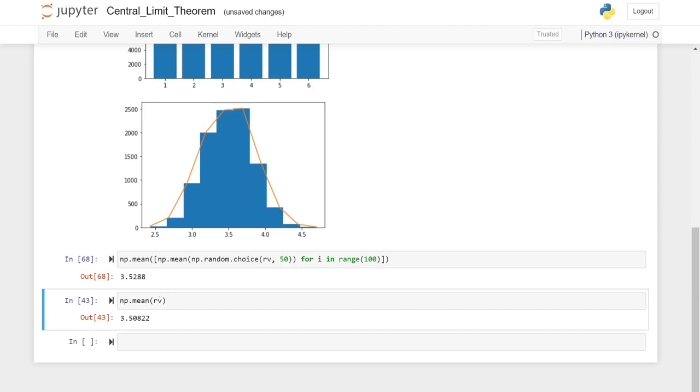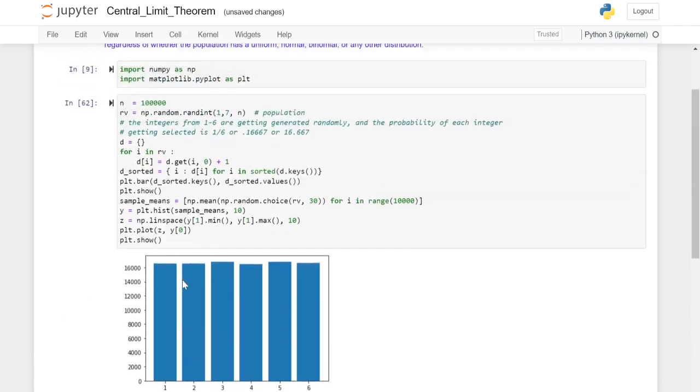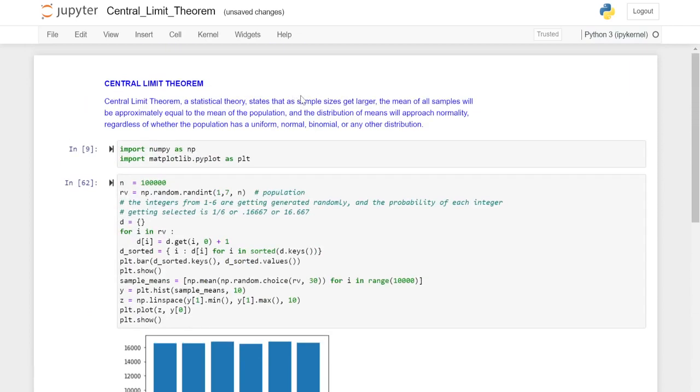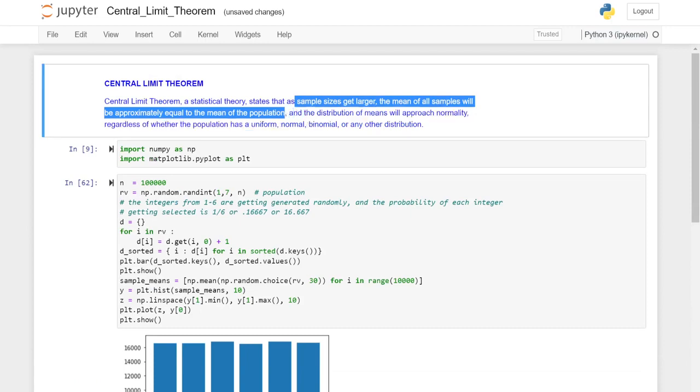That is the mean of our population. So this is done. We have changed the sample size. We also changed the number of samples. In both cases, we are seeing that the mean of sample means is getting very close to 3.5.